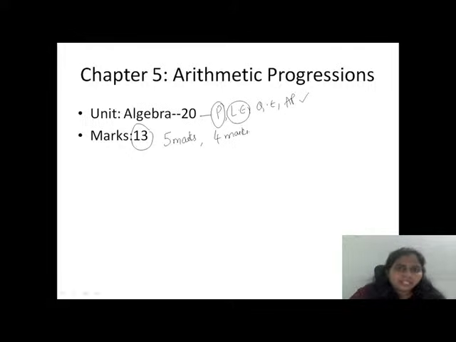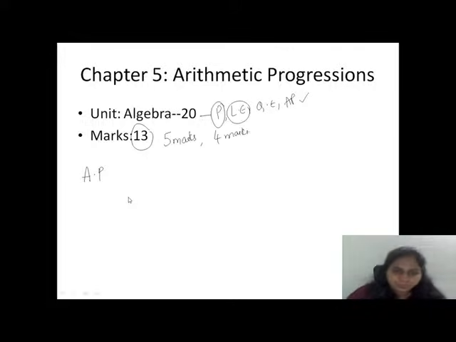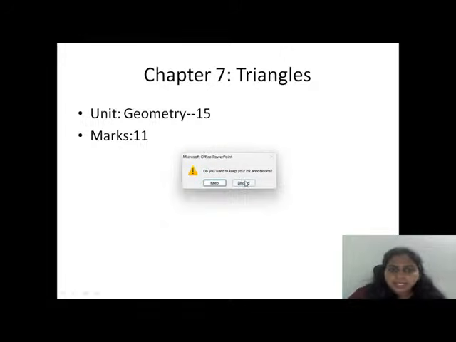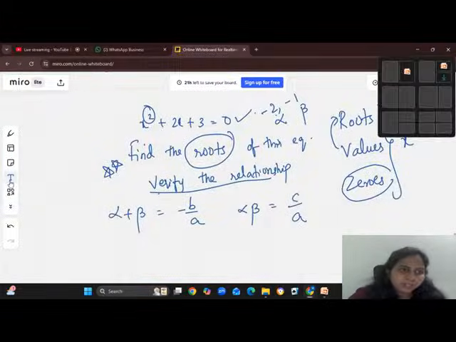So AP. So what is AP? Arithmetic progression. So whenever you see this chapter, immediately your mind has to go with the general form of AP. Okay, let me explain to you the very important topics of this chapter, AP.